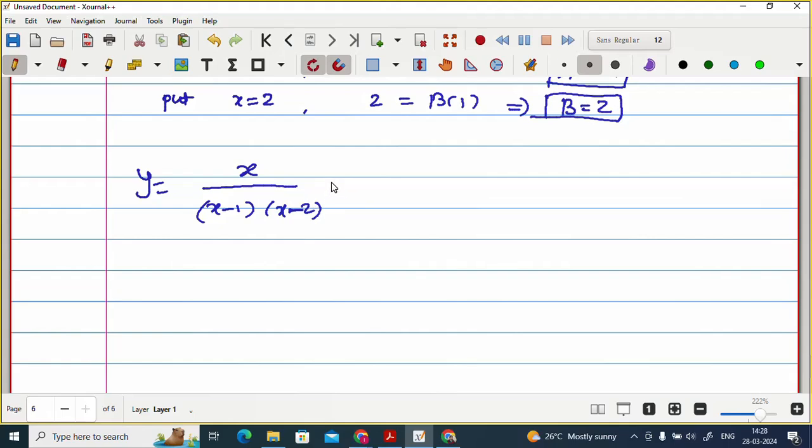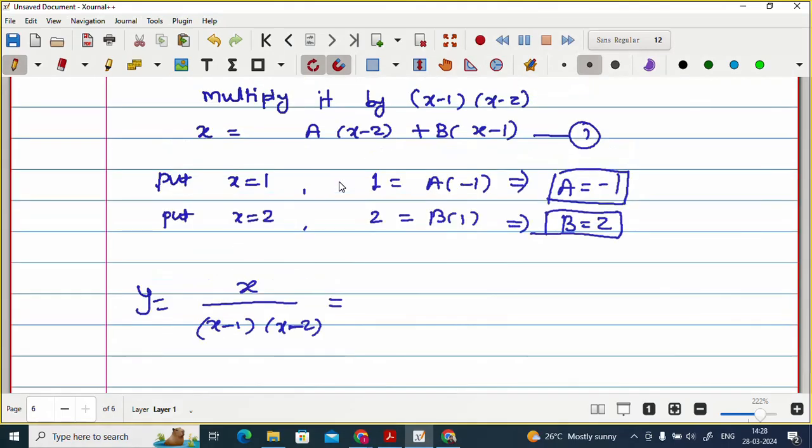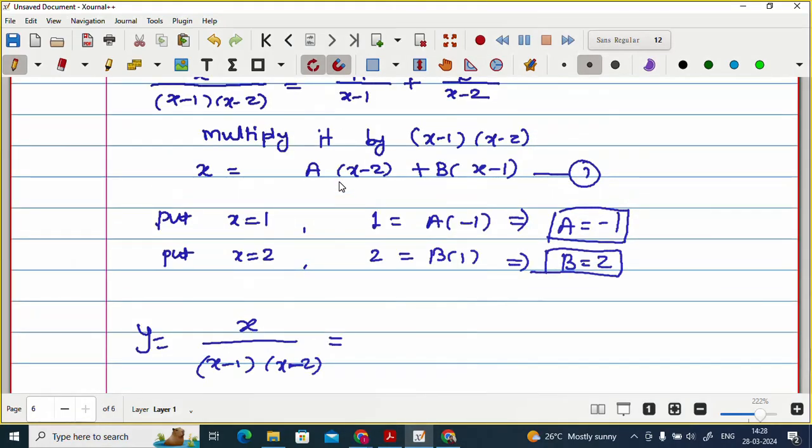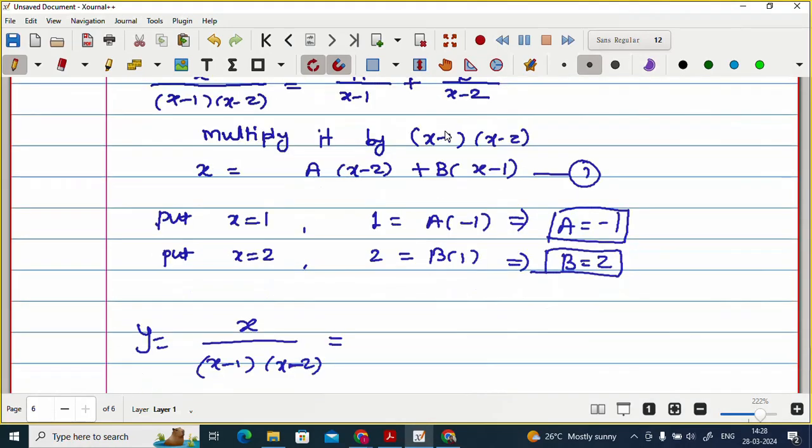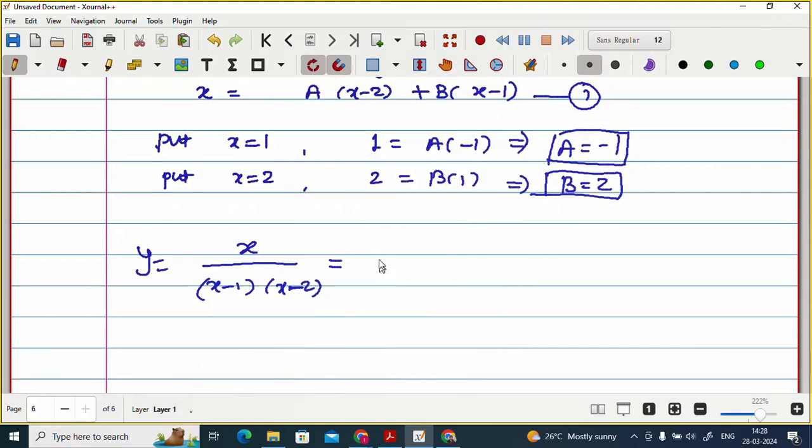What we did is express this rational term as an addition of the fractions, that is a upon x minus 1 plus b upon x minus 2, means it is minus 1 upon x minus 1 plus 2 upon x minus 2.